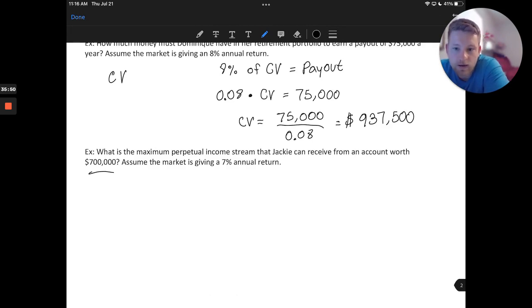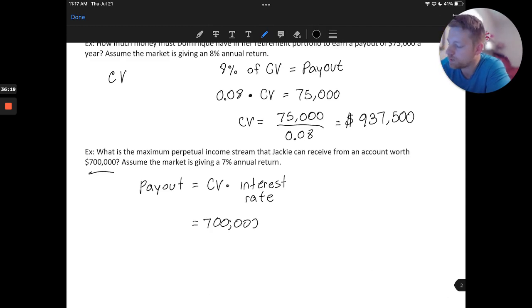And so what I can pull are the income stream payments. My payout, again, has to be equal to my capital value times my interest rate. And I know both of those items. So what's my capital value? It's the 700,000. And I want to know, well, what's 7% of that?